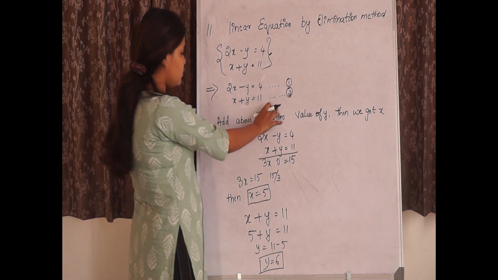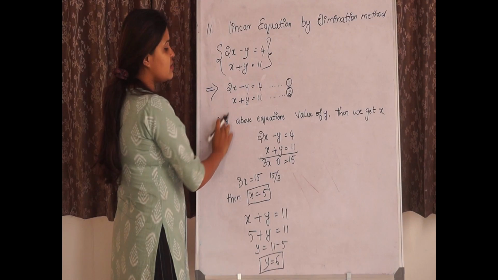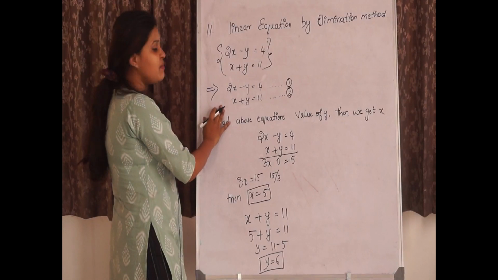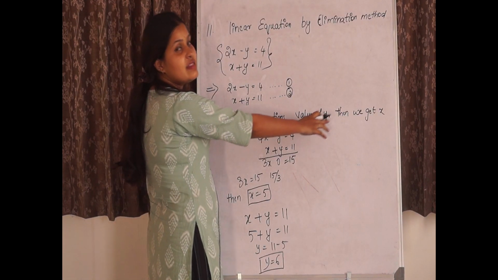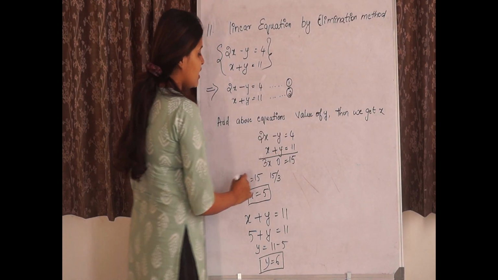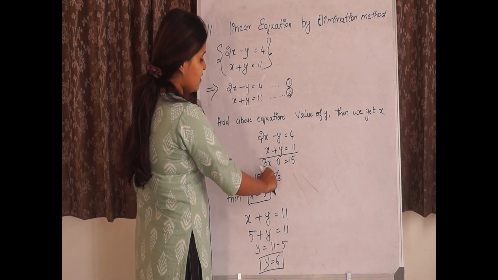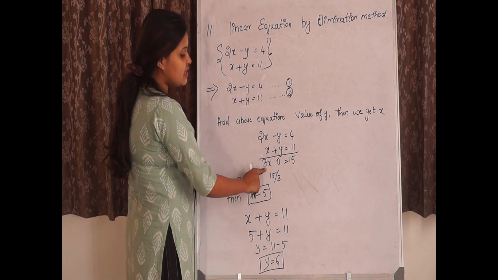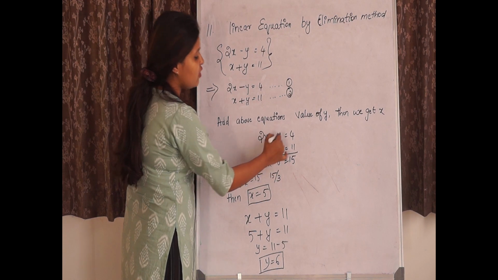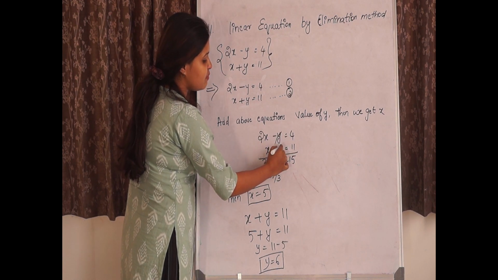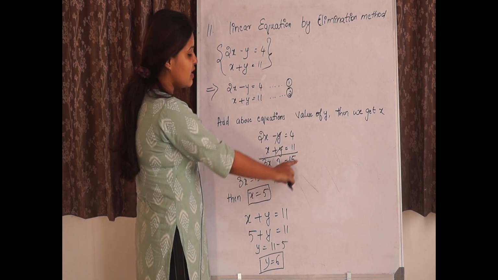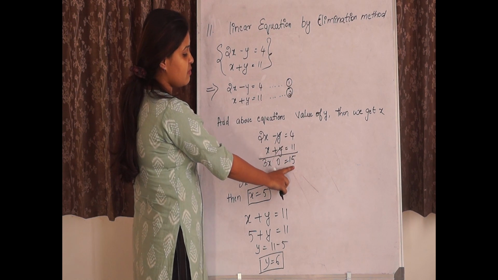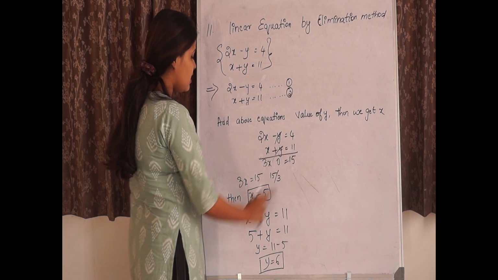Now let's add both equations to eliminate y, then we get x. After adding, we get 3x, and minus y and plus y cancel out, and 11 plus 4 will be 15.